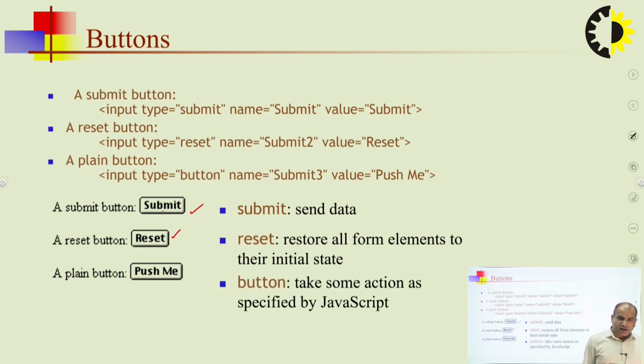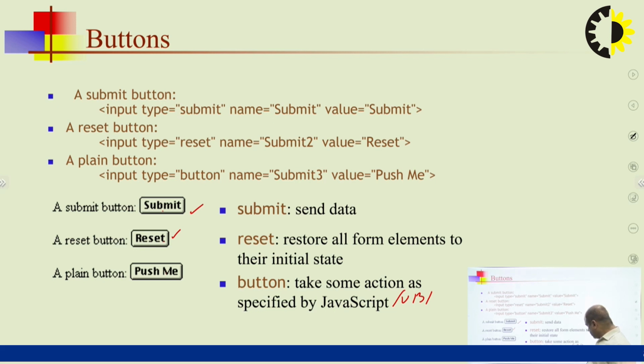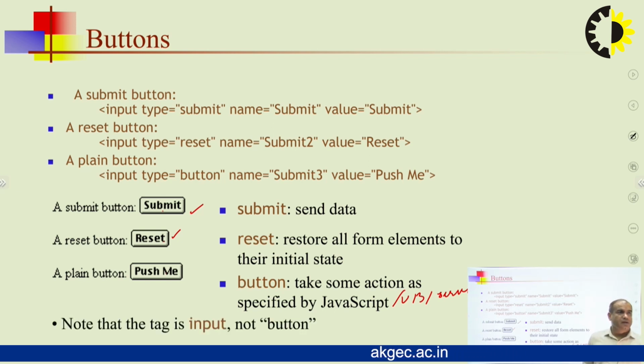The push button will take some action either by JavaScript or VBScript or a servlet also. So note that the tag is input, not button. Mind it, here the tag is input.